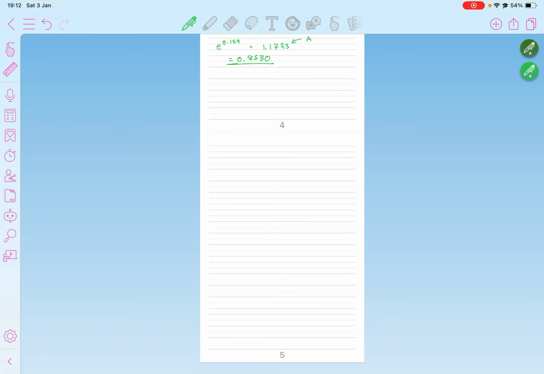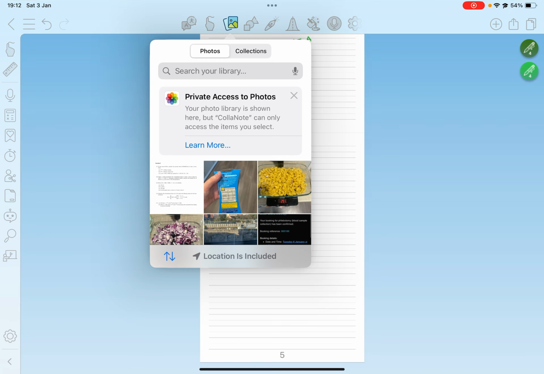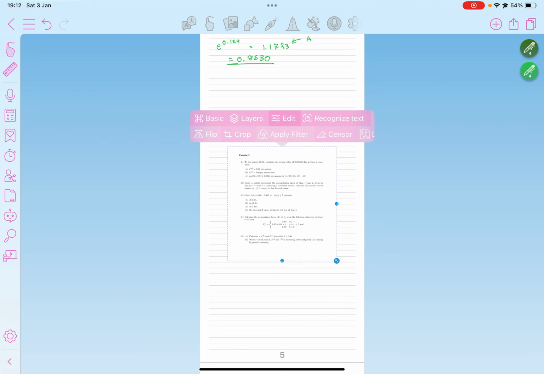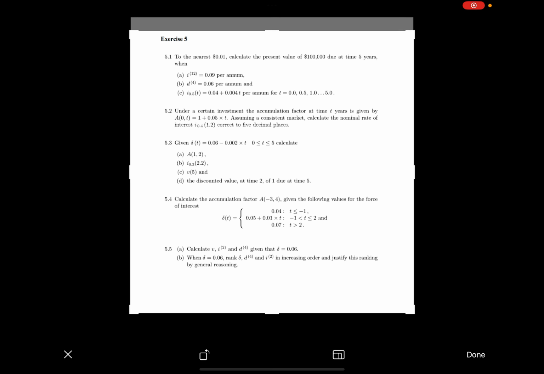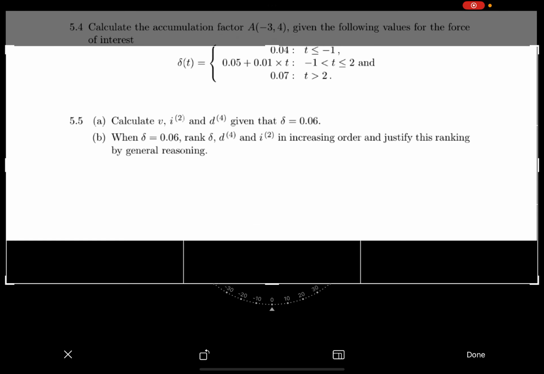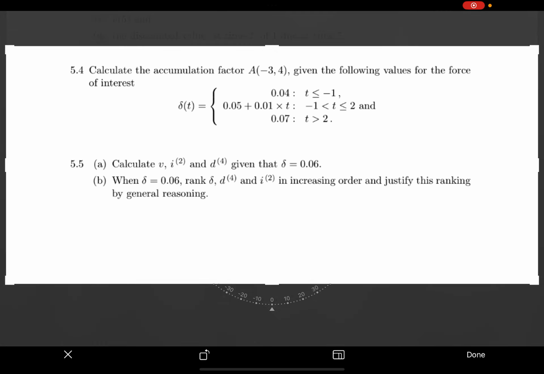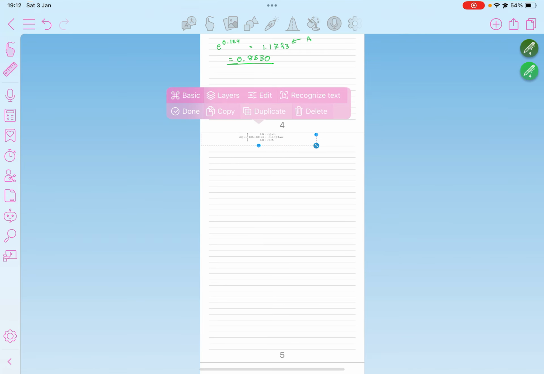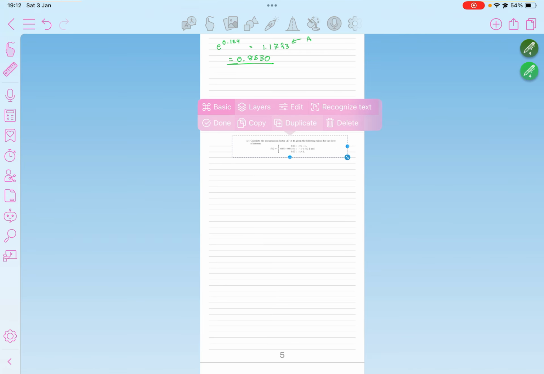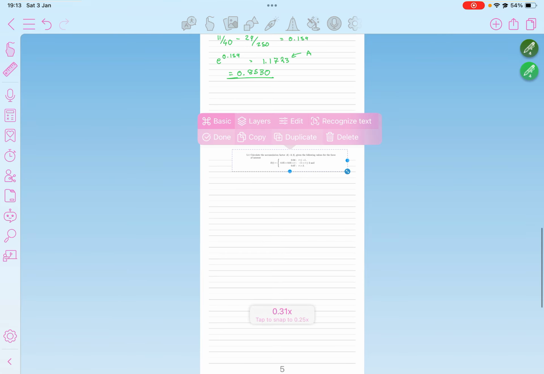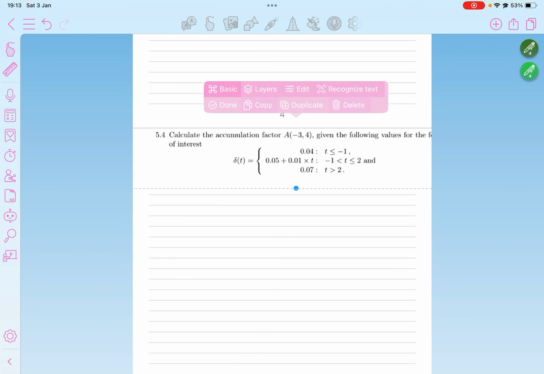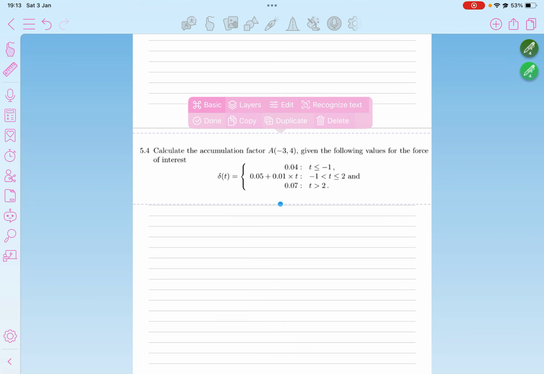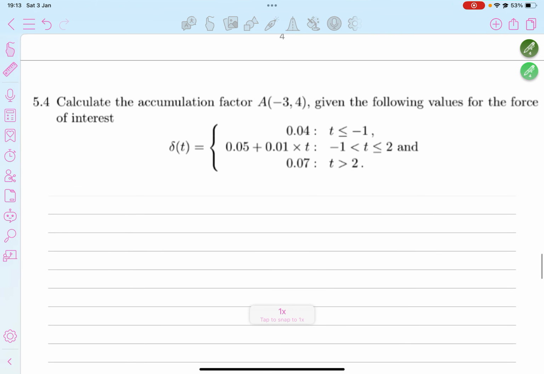Now for the next question. Okay, I calculated A of minus 3, 4 given the values for the force of interest.